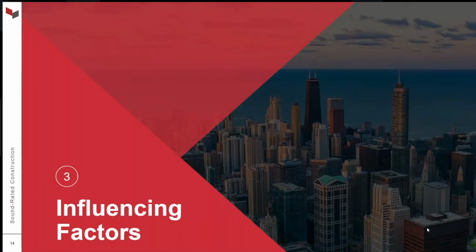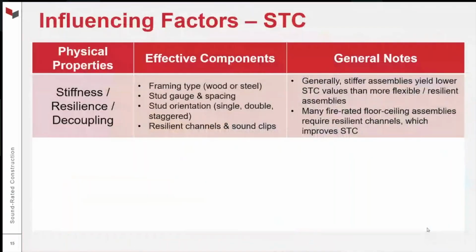All right, let's talk about influencing factors. This is really the important stuff. I have a big table here, and I'm going to go in order of significance. I want to talk first about the factors that most significantly affect STC. So we're starting solely with STC, this is airborne sound transmission.